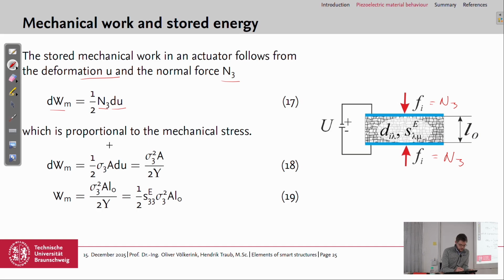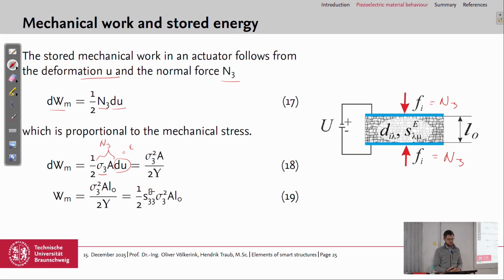And we can use this equation and replace N3 with the stress times the area. And then we could also replace dU using Hooke's law. And then we have the equation for dWm: sigma 3 squared times the area divided by 2 times the Young's modulus.